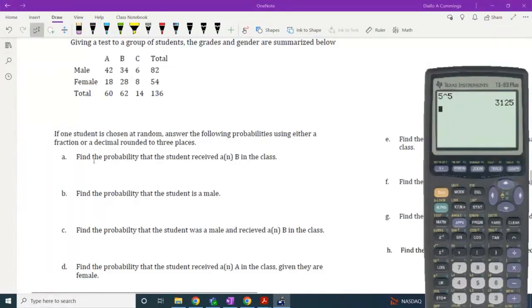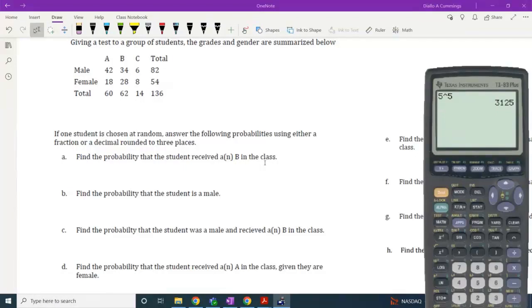All right. So A says find the probability that the student received a B in the course. So we're going to set these up using the classical approach to probability, right? Like into the fraction.